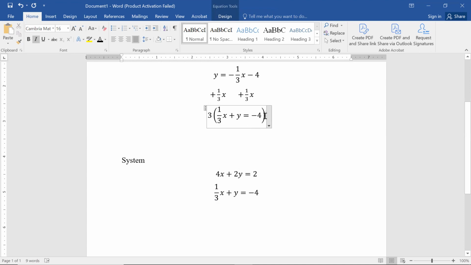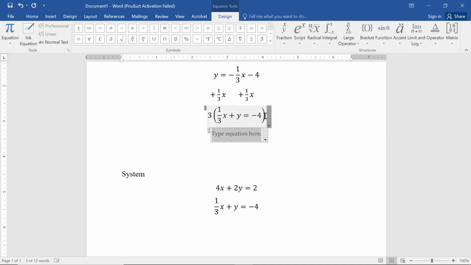So if you'd like to eliminate fractions, you could have done that. 1/3 times 3 is 1x, so you get 1x plus 3y equals -12. So if you'd rather written it as 1x plus 3y equals -12, that's fine. If you're comfortable using fractions, use fractions.